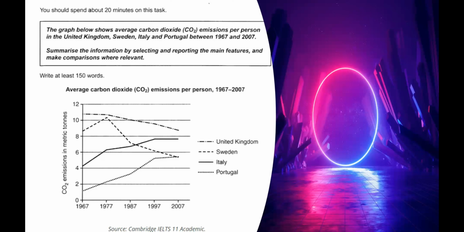Opposites. Increasing and decreasing, together. It's not about Italy and Sweden, be careful. If I start with Italy and Sweden, I should compare United Kingdom and Portugal at the same time. Because as well, it is increasing, it is decreasing. Right? So you can do it in one paragraph.